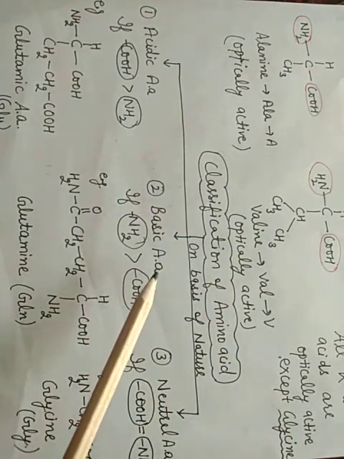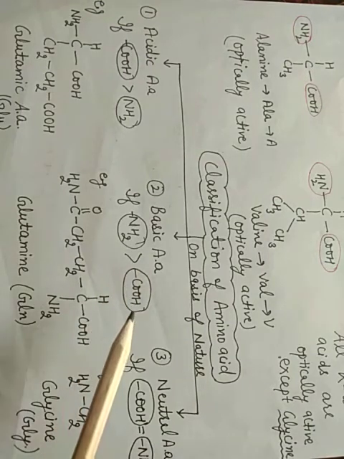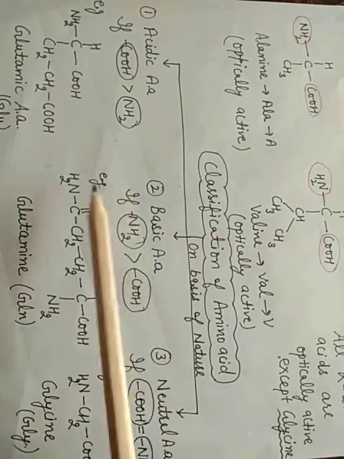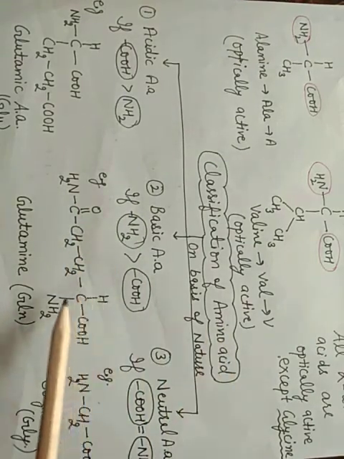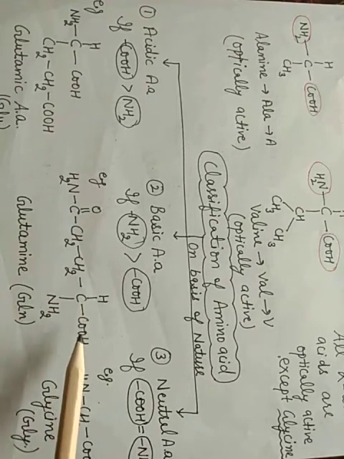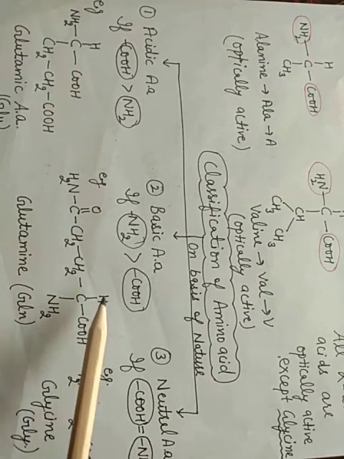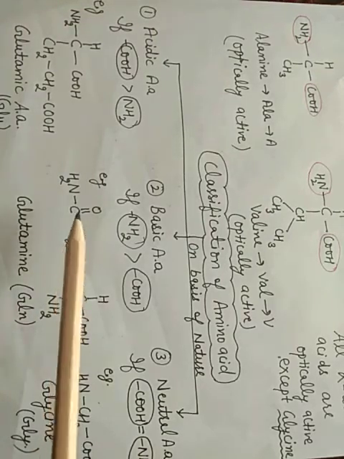Next is basic amino acids. If the NH2 group is greater than the COOH group, like this, NH2 CO CH2 CH2, this is the amino acid. Carbon, COOH, NH2 and H. Here the R group is replaced by CH2CH2CONH2.